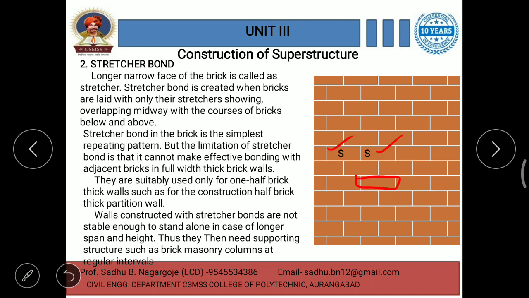Walls constructed with stretcher bonds are not stable enough to stand alone in case of longer span and height. Thus they need supporting structure such as brick masonry columns at regular intervals for stability.